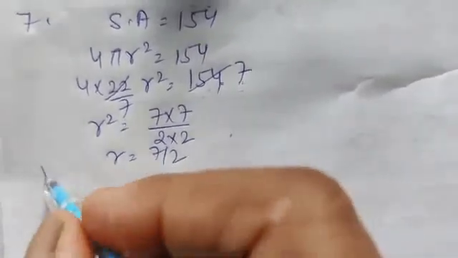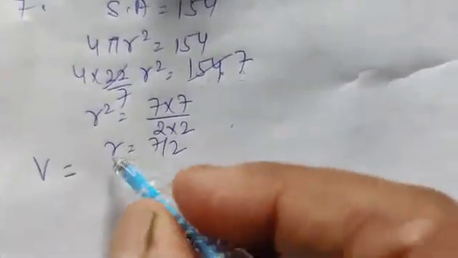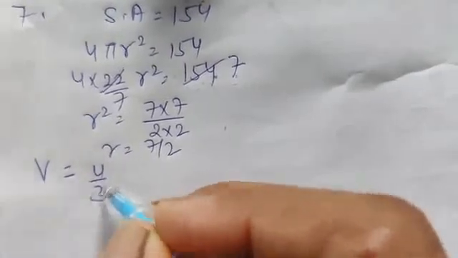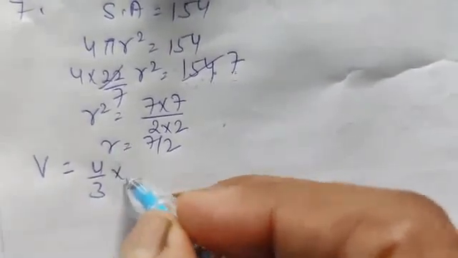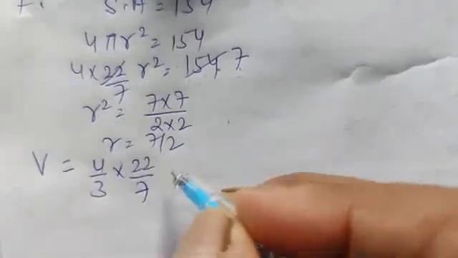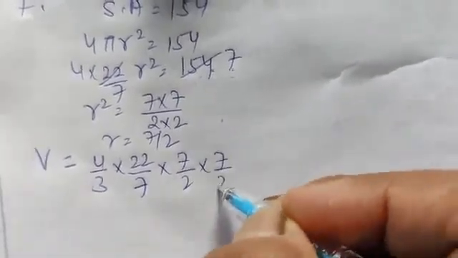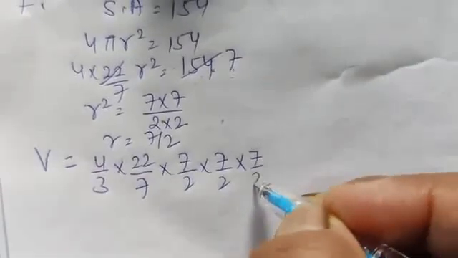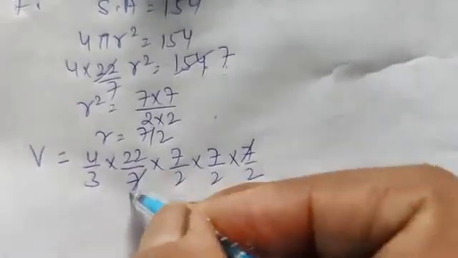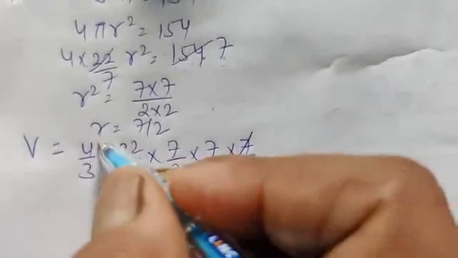Now the volume of a sphere is 4 by 3 pi r cube. Pi means 22 by 7. R is 7 by 2, 7 by 2 and 7 by 2. Now cancel 7, 2 2s are 4.